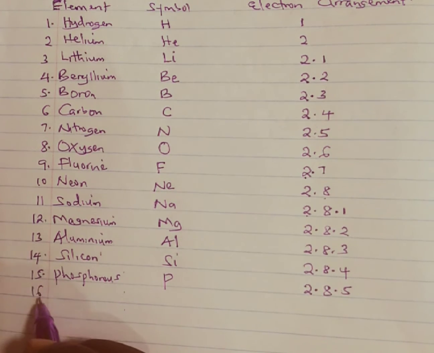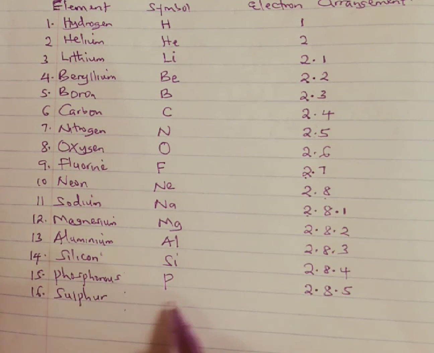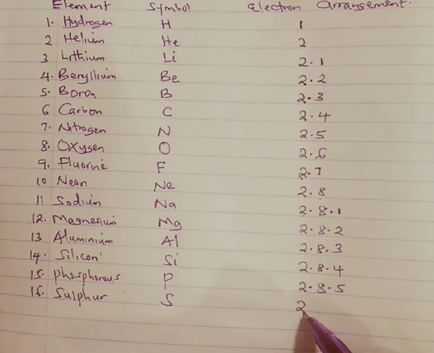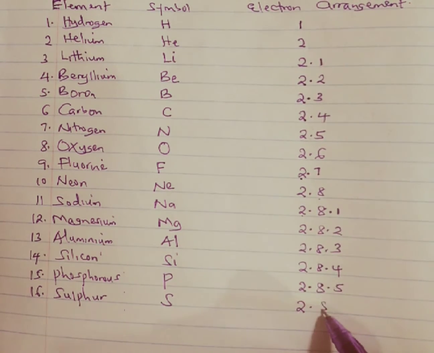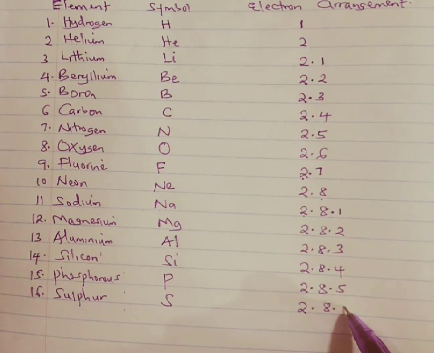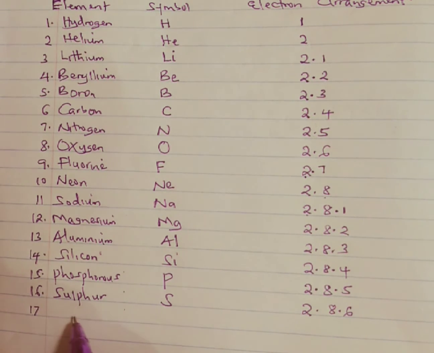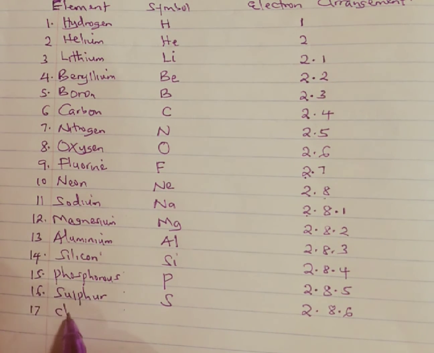Number 16 is sulfur. The chemical symbol for sulfur is S, and the electron arrangement is 2, 8, 6. Number 17 is chlorine.